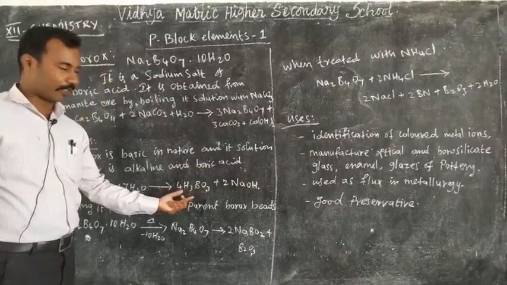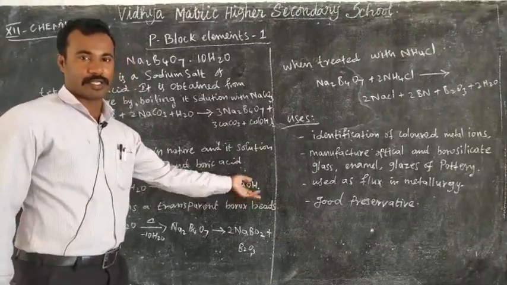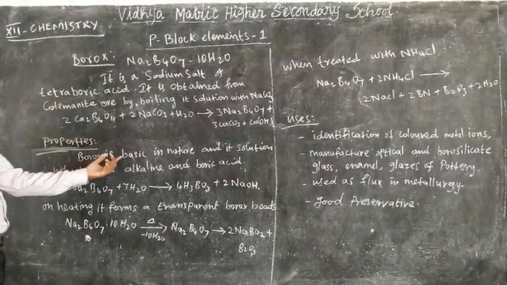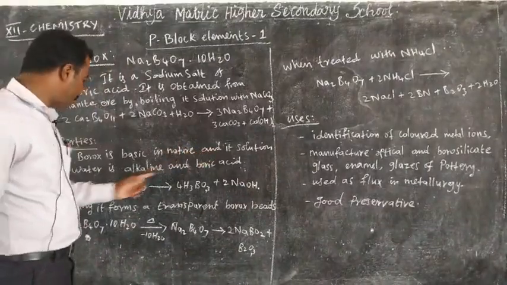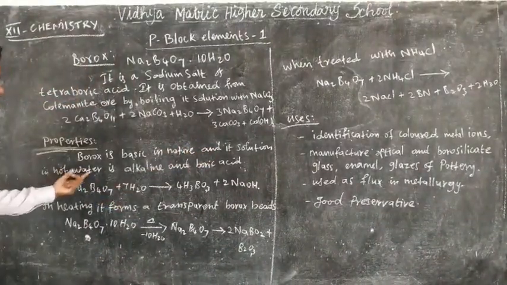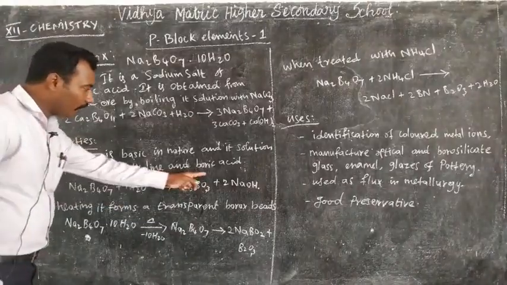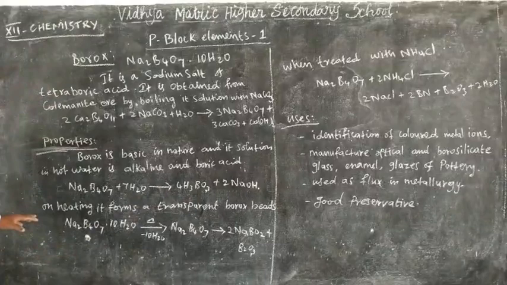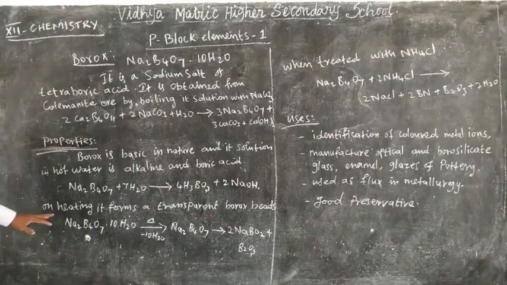That is enough. Okay, and sodium hydroxide, an alkaline solution. So borax is basic in nature, and its solution in hot water is alkaline and gives boric acid. Okay, the next one, on heating.